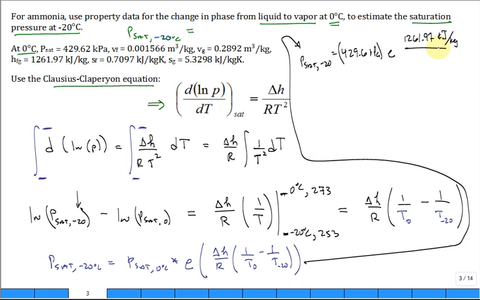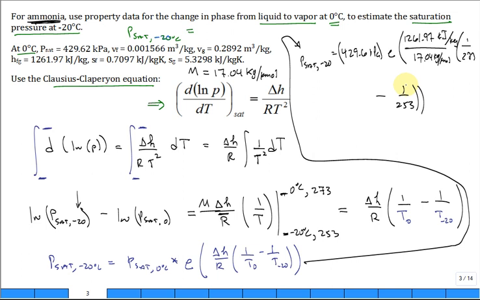The R is R bar divided by the molar mass for ammonia, and the molar mass for ammonia is 17.04 kilograms per kilomole, right? So that's 17.04 kilograms per kilomole. And then 1 over the temperature T naught is 273 minus 1 over 253.